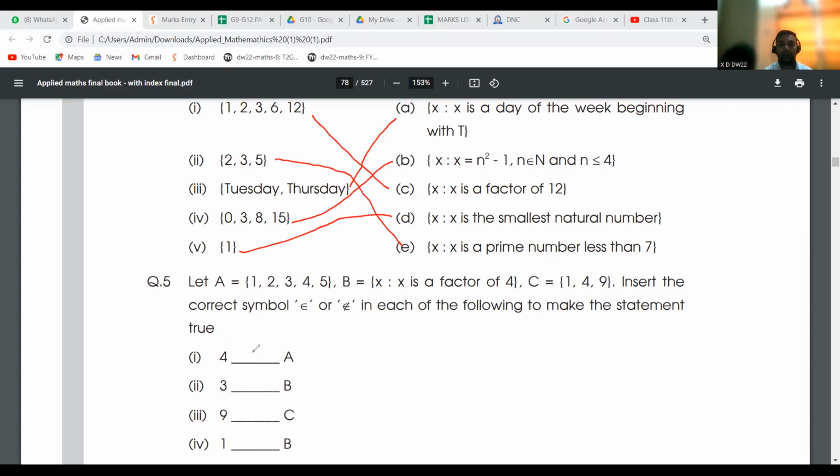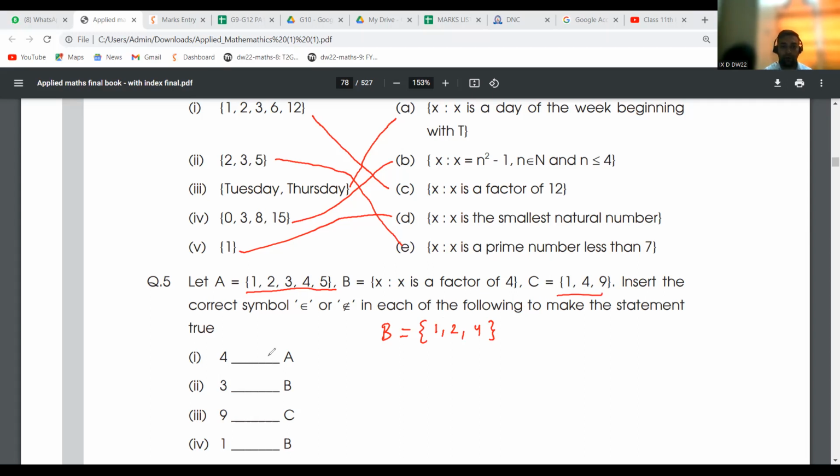Now we have to fill these using the symbols belongs to or does not belong to. So A is the set 1, 2, 3, 4, 5, and B is another set: x is a factor of 4. So we can write B in roster form as 1, 2, and 4. All these numbers are the factors, and C is also given here.